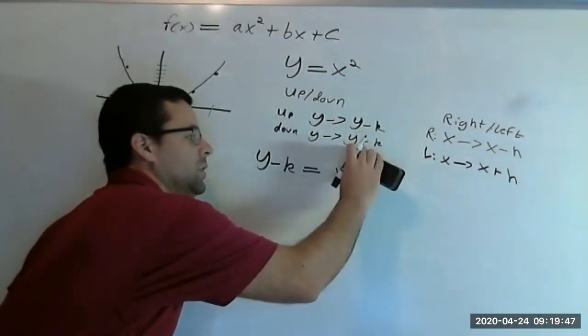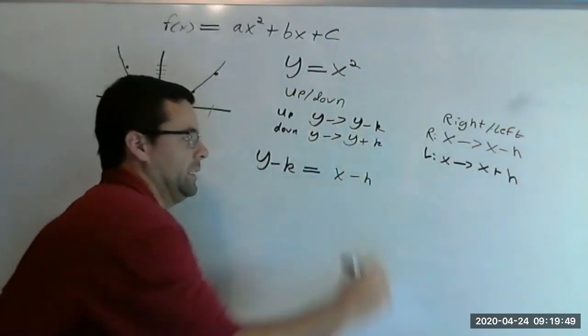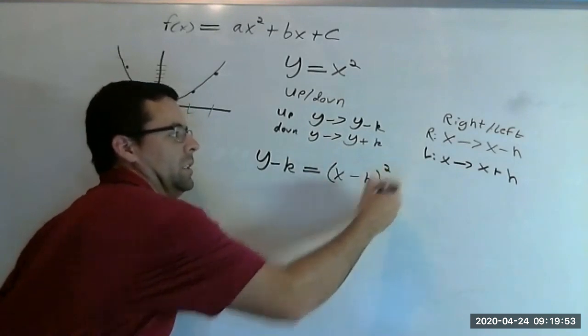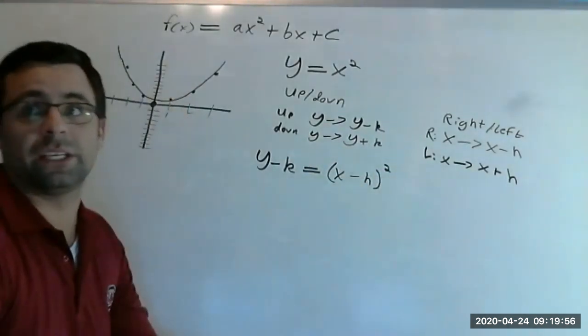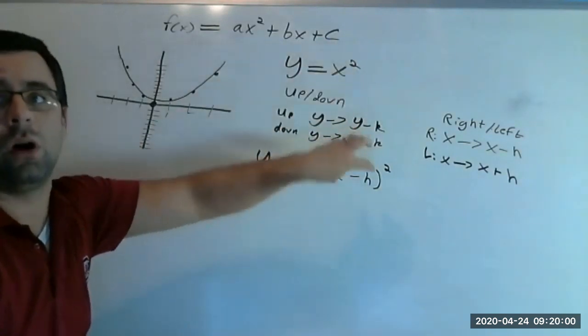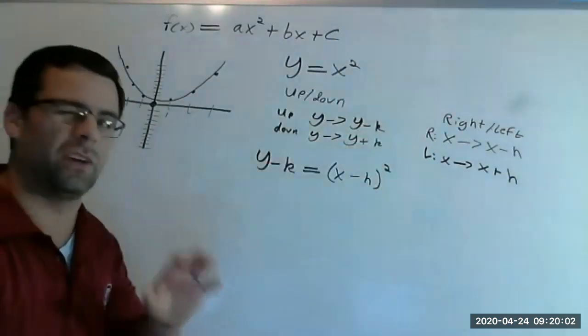So what we do is x minus h squared, because all of x was being squared, so all of x minus h is squared, but you're very close.